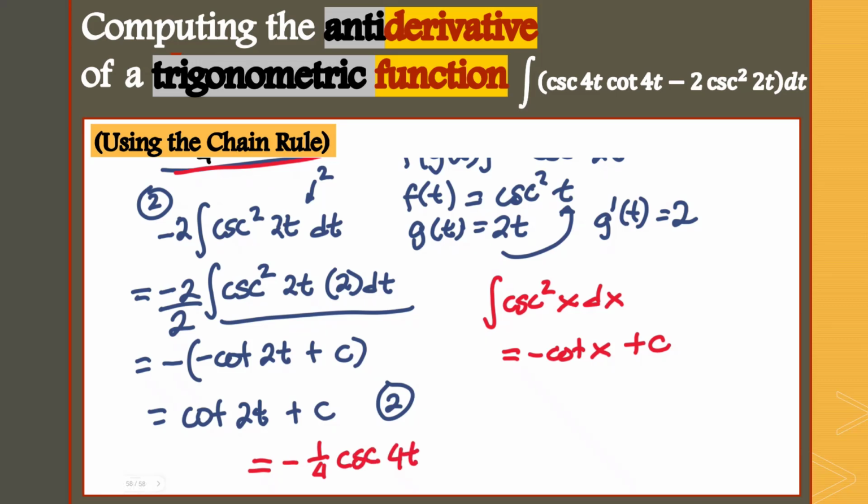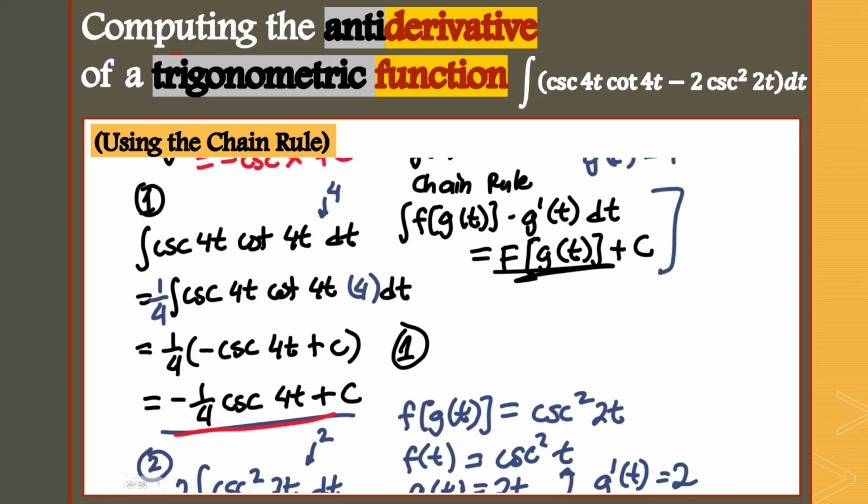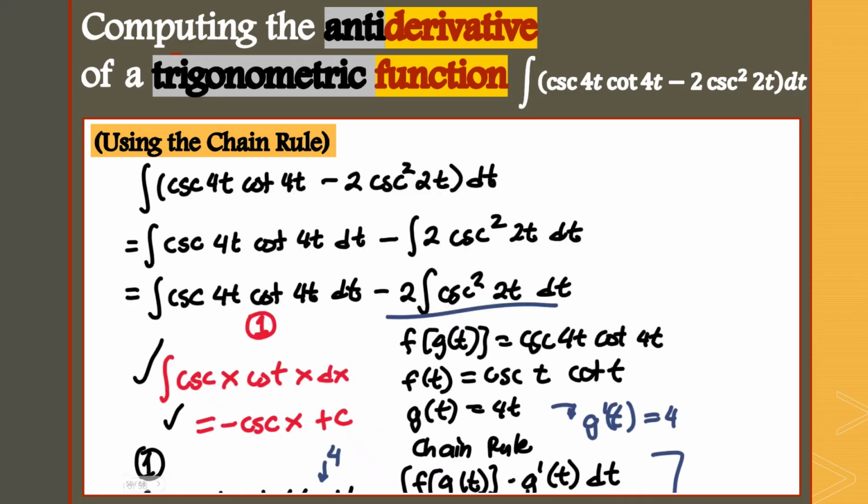But since we also have plus c in the next one, we'll have to use one singular plus c later on. Then plus cotangent of 2t, then we have here the final plus c. This is the integrated result of our item here, which included 2 different chain rule processes. But basically, this is the correct answer as well. We will be verifying this with the use of another rule later on in the next video, but this time we have this as our answer.